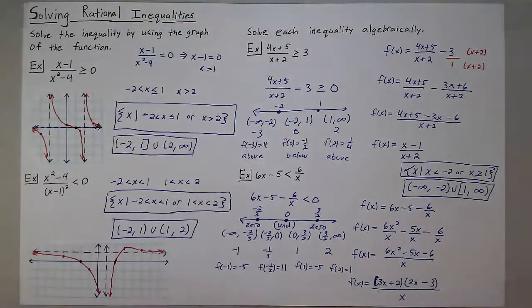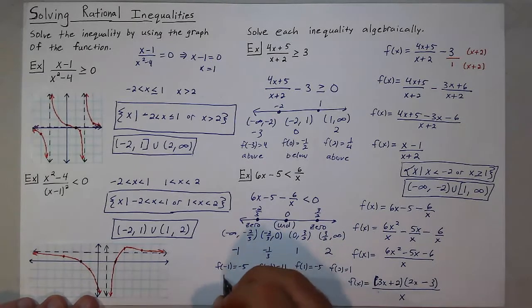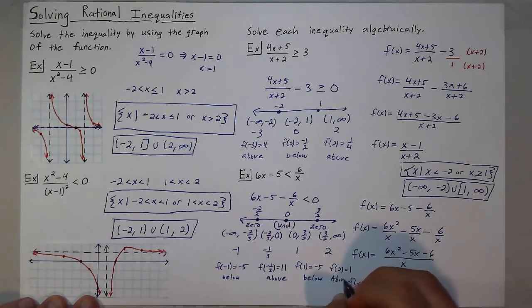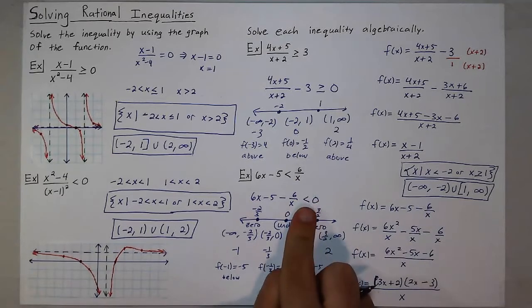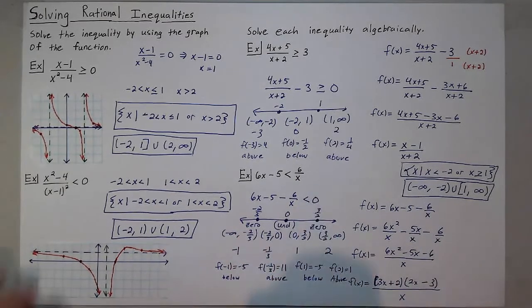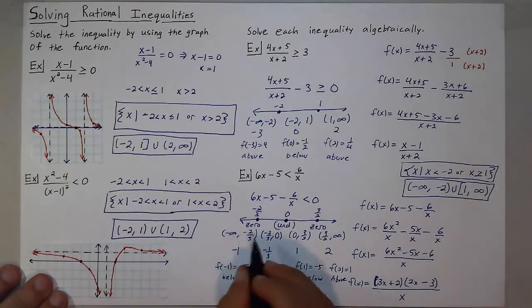So I can see here that it is below the x-axis, above, then below, and then above to finish. So I'm looking for wherever it's less than 0. So I'm not even looking to see where it's equal to 0, just less. And that happens on this interval. It's below.